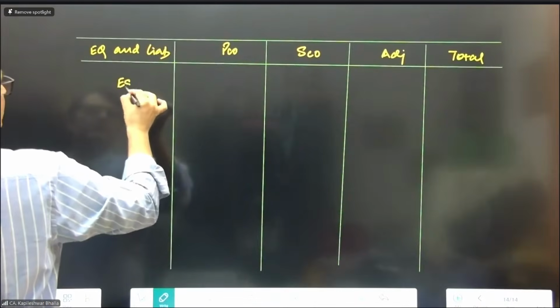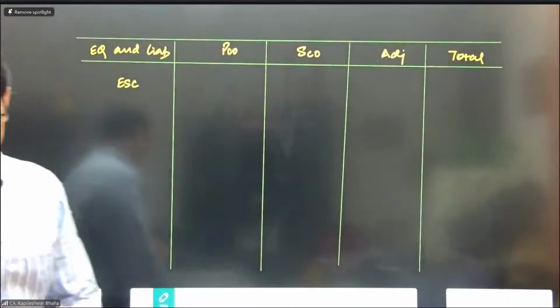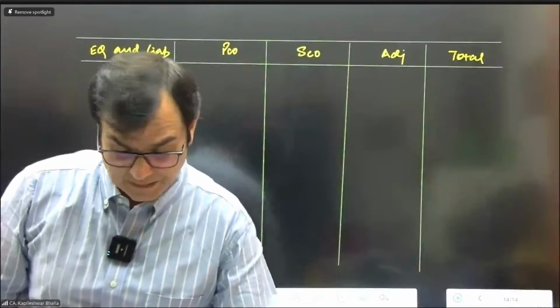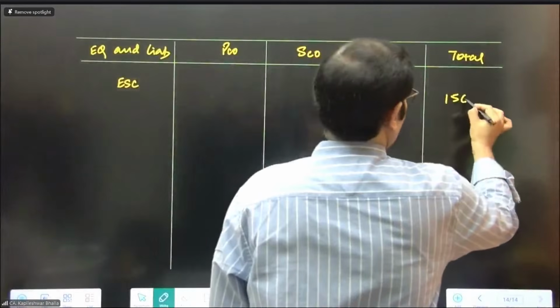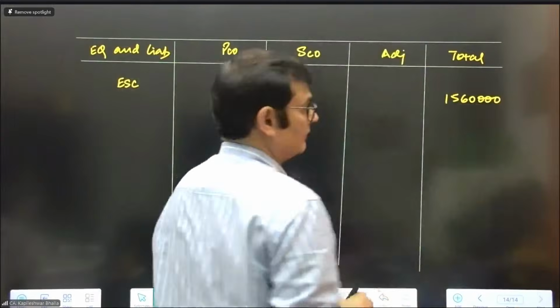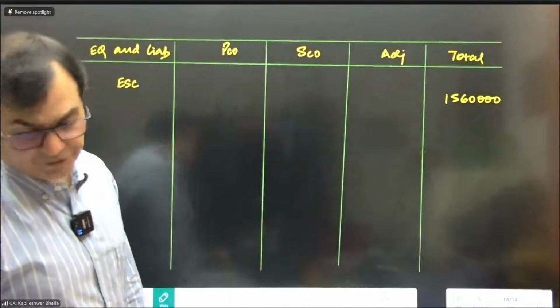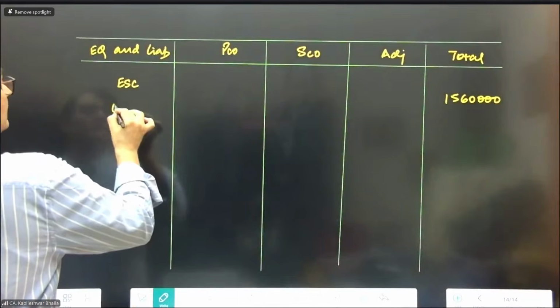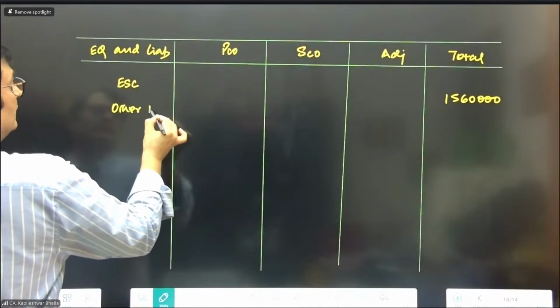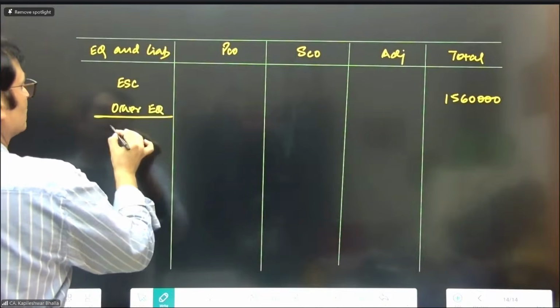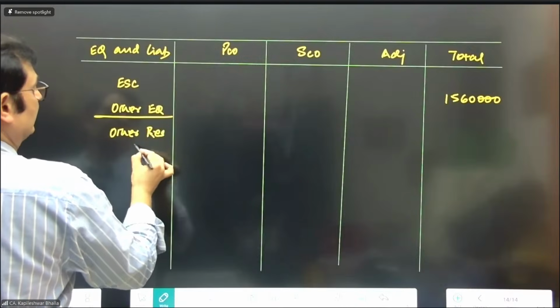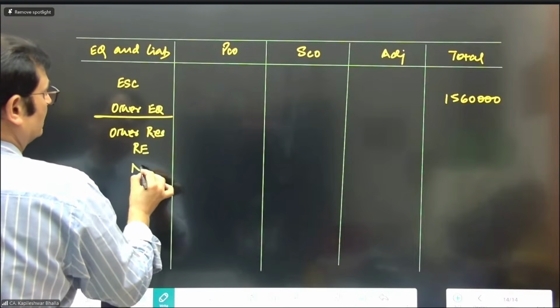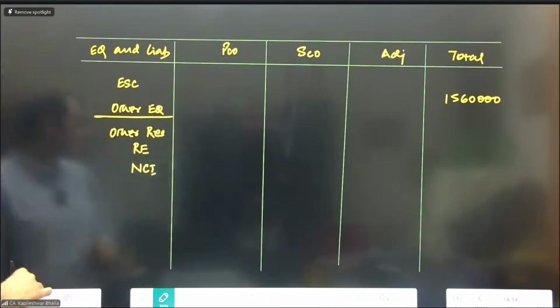First we'll take the equity share capital, which is of course of the parent company only, 15,60,000. Then we can consider the other equity. We have got two elements: other reserves and retained earnings. And I think we can take the NCI as well.